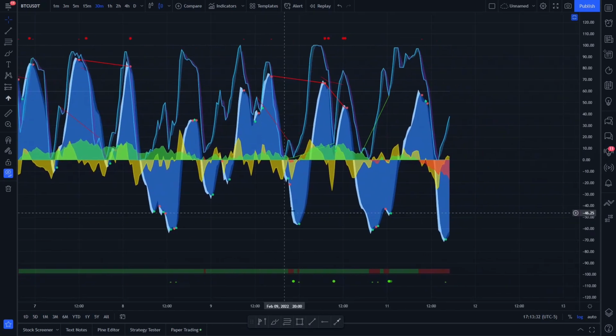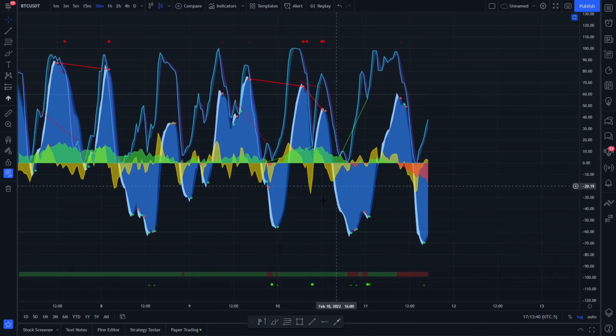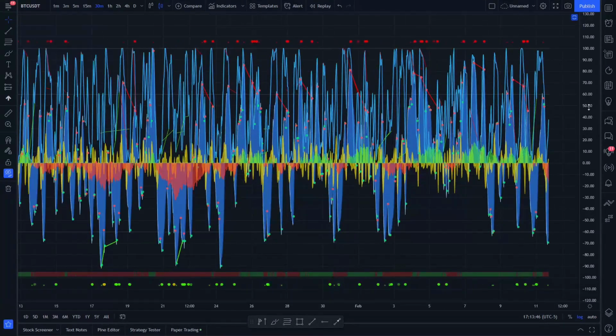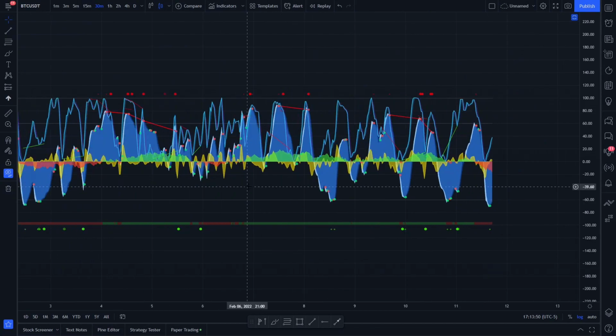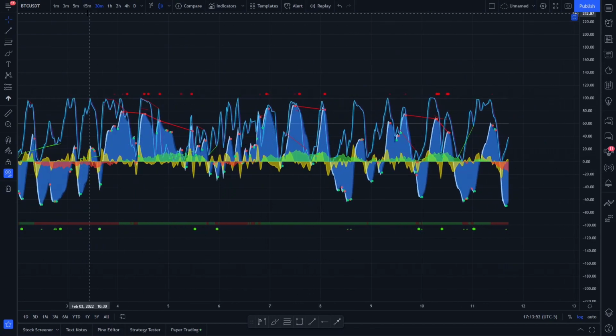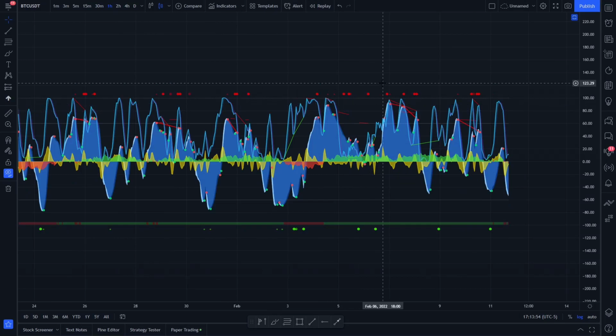These waves here, when they cross the zero line, are switching hands from buyer control to seller control. It could stay down there for a very short amount of time or a long time, depending on the price action, of course. And the dots are basically points where big money's coming in. So let's see if we can show you guys an example.